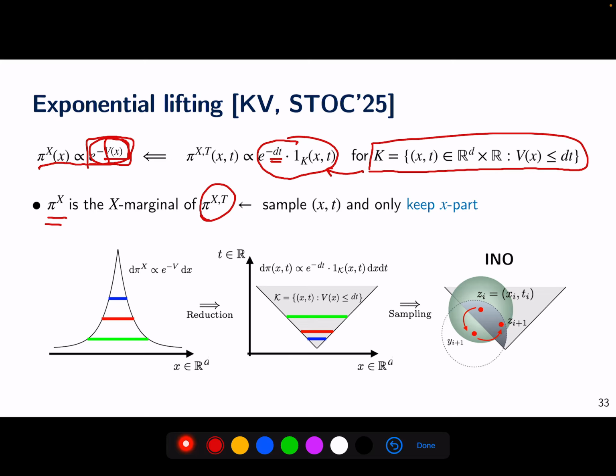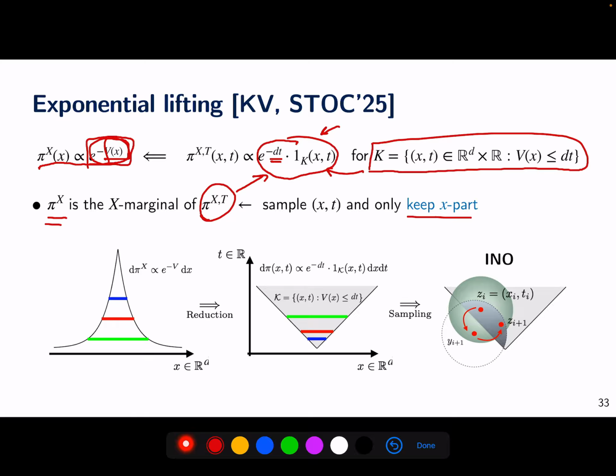Given this observation, our strategy is very straightforward. We just sample (x, t) from the exponential distribution, and because the x marginal is exactly phi of x, we can keep the x part and throw away the t part, okay? And now, because your distribution is an exponential distribution, your backward distribution is still Gaussian, so you can use rejection sampling with the proposal being Gaussian.